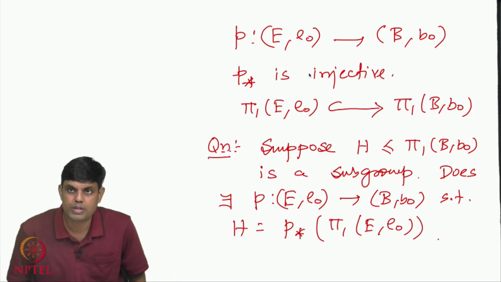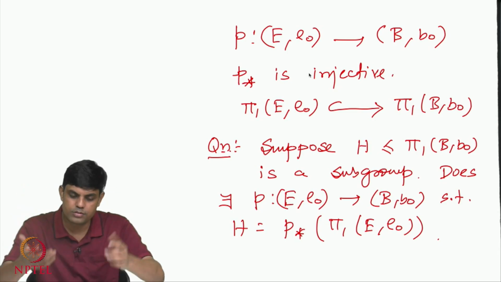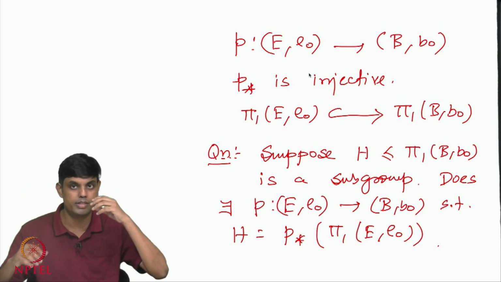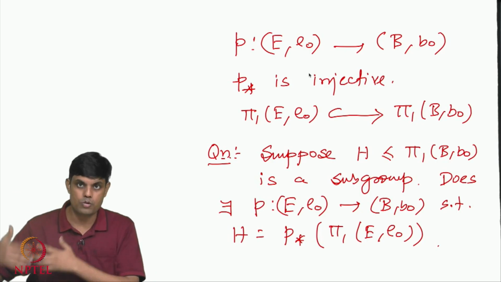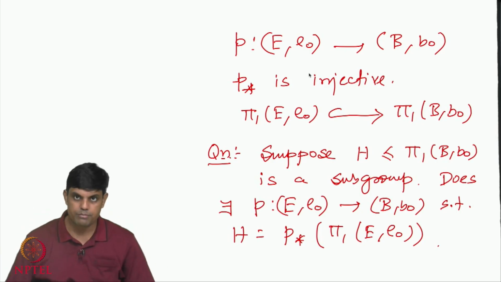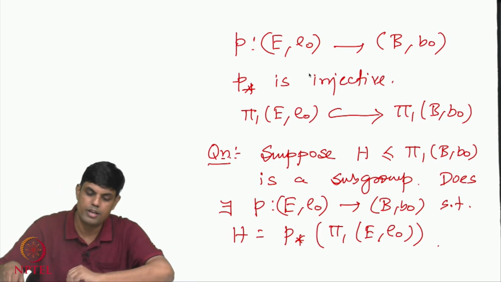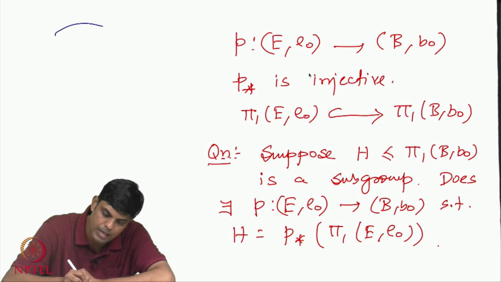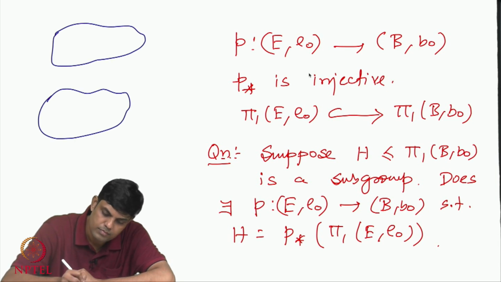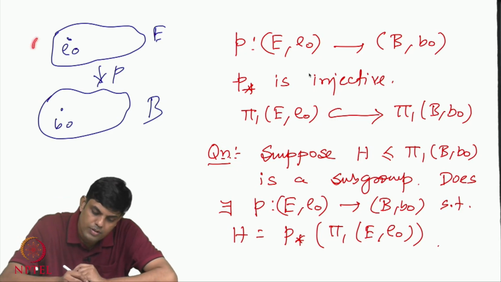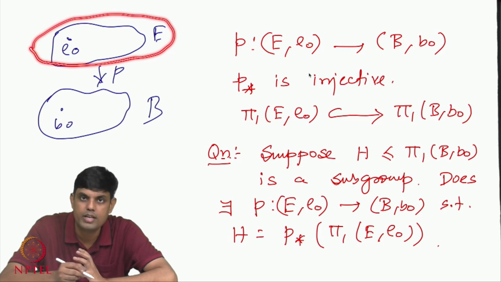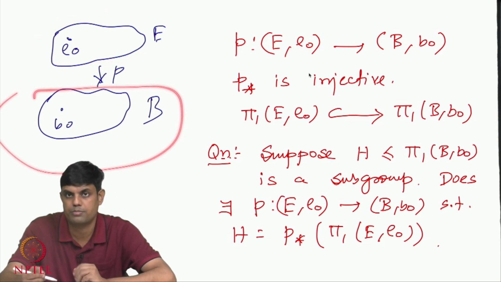Okay. So, first of all we have seen that if I have a covering space, then the image of its fundamental group I can think of as a subgroup of the fundamental group of the base space. So, if I have some covering map from E to B, some P which takes E0 to B0, then I can consider the fundamental group of E to be a subgroup of the fundamental group of the bottom space.